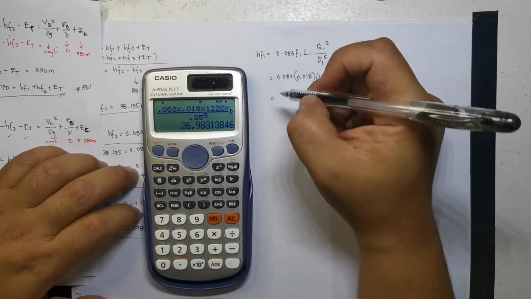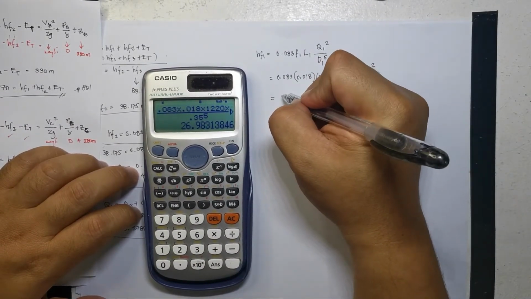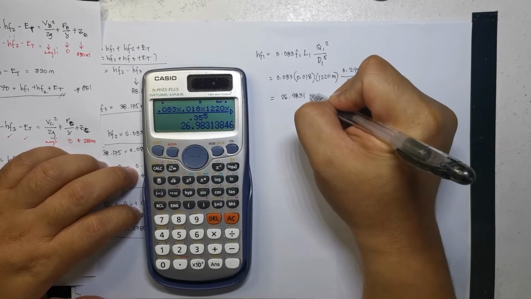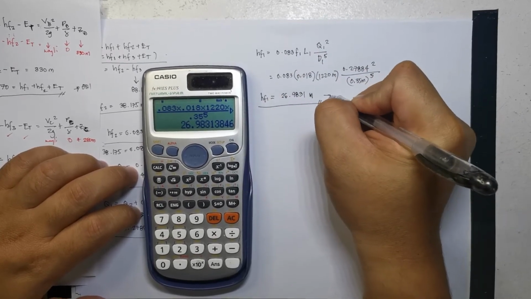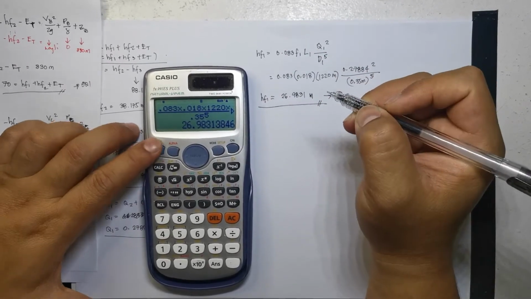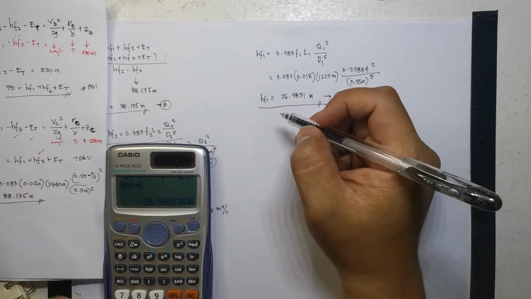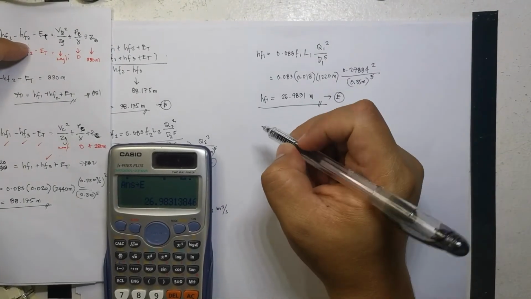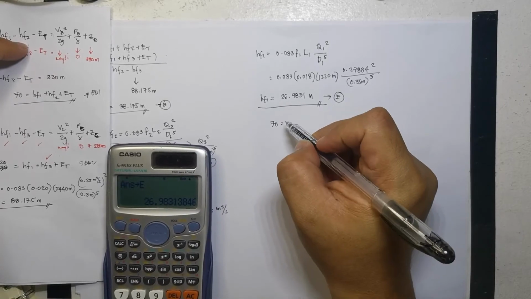That gives us an HF1 equal to 26.9831 meters. Store it in E. Shift store E. Since we know HF1, we can use equation 1 or equation 2 to solve for ET. So let's use equation 1.